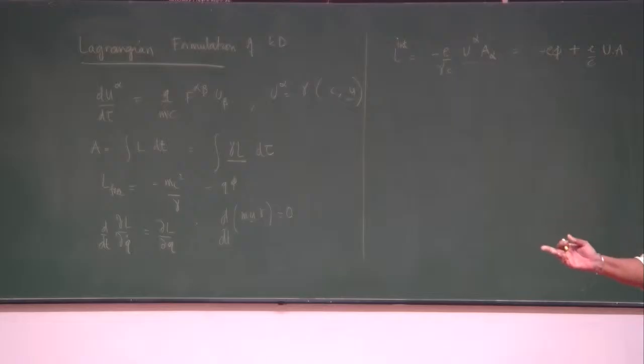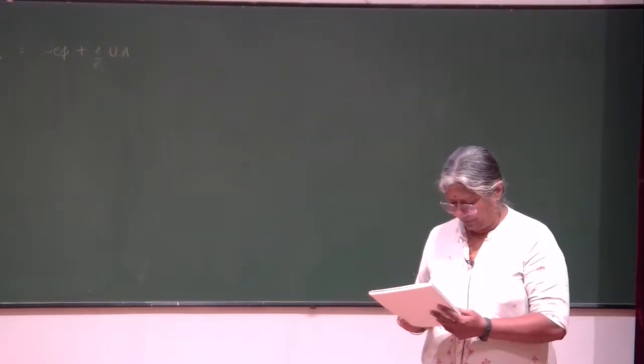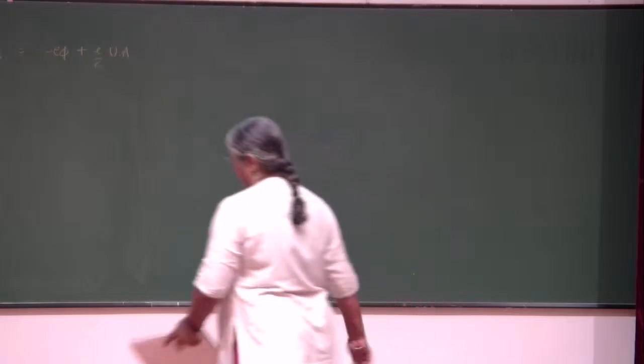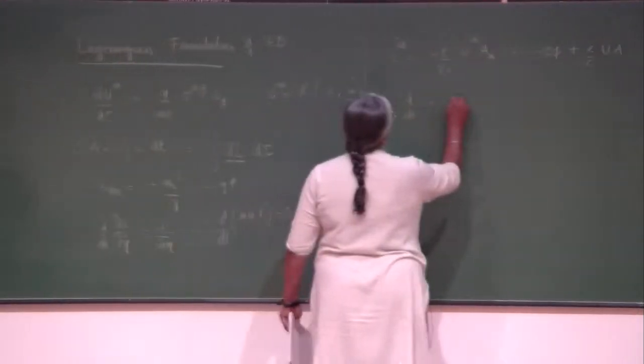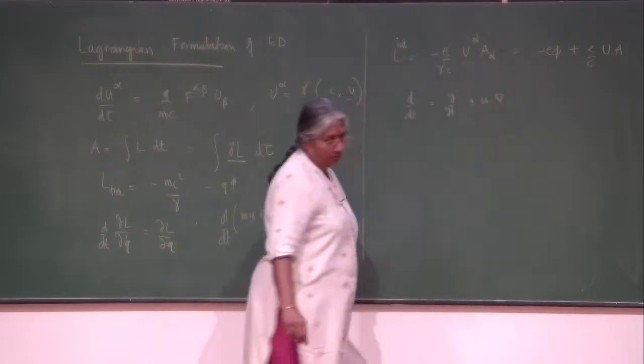And if you use this Lagrangian, what should you get then as the Euler-Lagrange equation of motion? You should get back the Lorentz force equation, right? So I will leave you to do this. Work this through and make sure that you get it, it's not very difficult. The only thing is that because of the motion, you will have to write d by dt as d by dt plus u dot del, and then you will get all your answers.